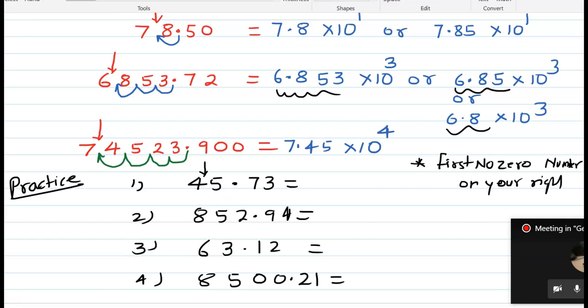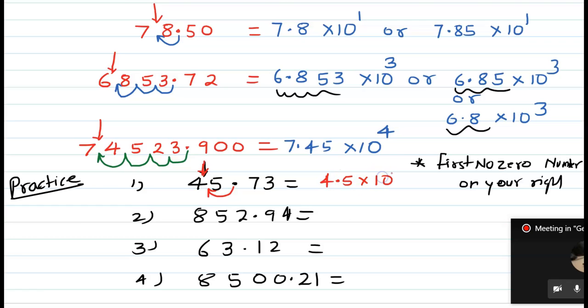Here I have selected the first non-zero number, and you can go 1 step back. So this will be 4.5 into 10 to the power 1. Here the first non-zero number from the left is this one, and you are going 2 steps backward.